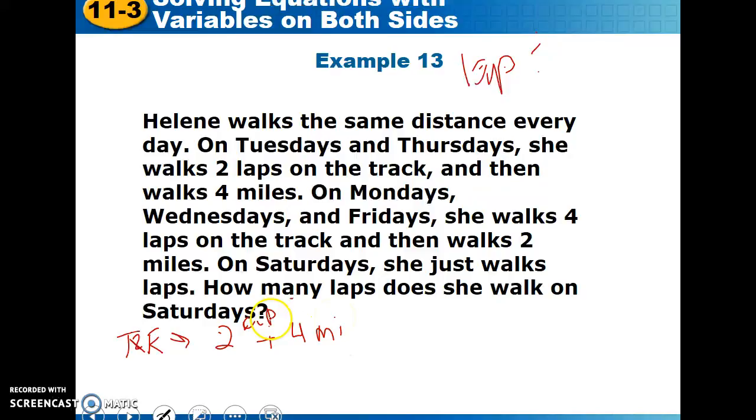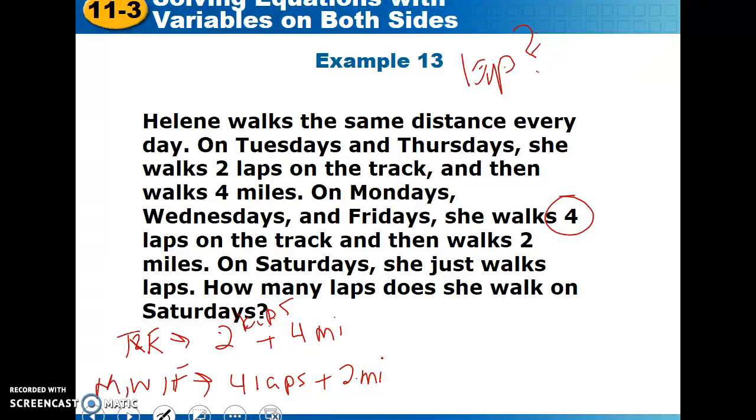And on Mondays, Wednesdays, and Fridays, she walks 4 laps on the track, and then walks 2 miles. Again, it doesn't say the distance of a lap.